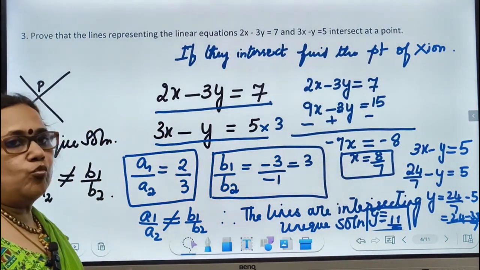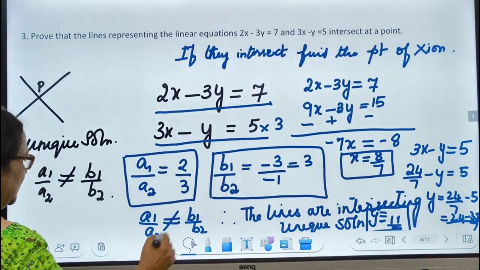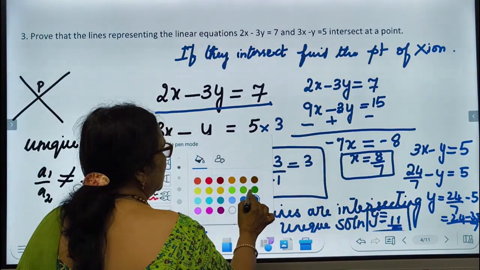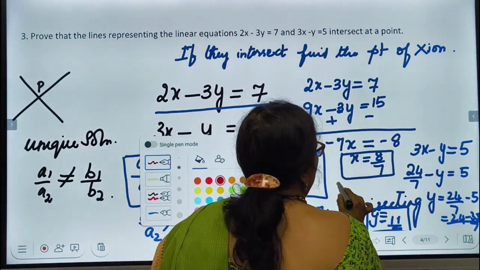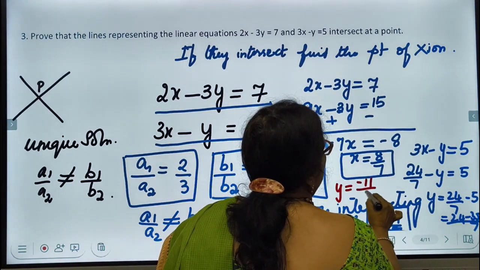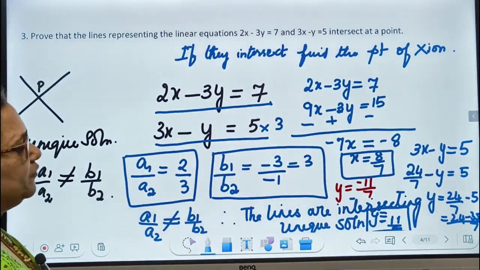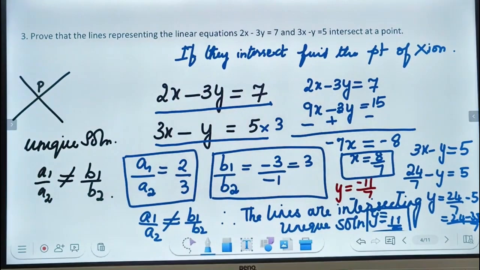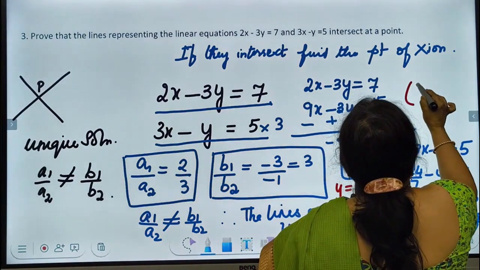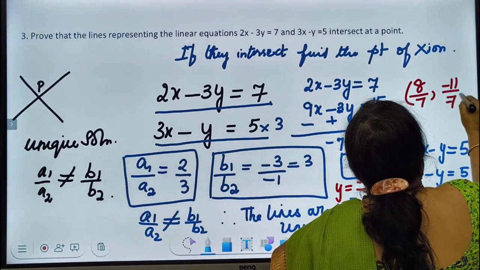So they intersect at one point and the system of equations has a unique solution. Let me write the value of y clearly with another color: y is equal to minus 11 by 7, since 24 minus 35 is minus 11 divided by 7. So the solution as an ordered pair is 8 by 7 comma minus 11 by 7.